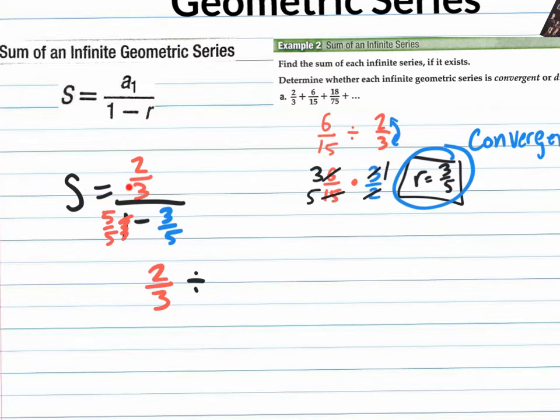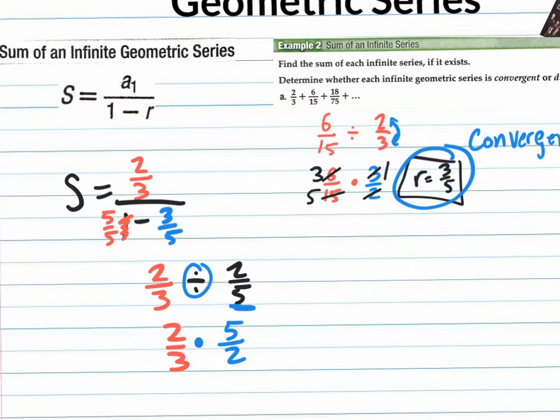So what we really have here is 2/3 divided by 2/5. So let's put the 2/5 right here. And of course, when we are dividing by a fraction, we really multiply by the reciprocal. And that first fraction always stays the same. So we could multiply top with the top, bottom with the bottom, and then reduce, or you could reduce first and then multiply.